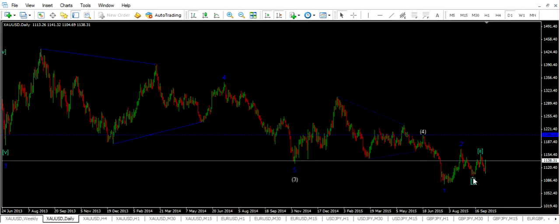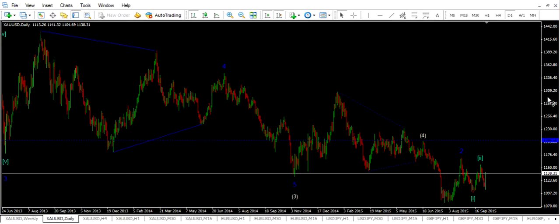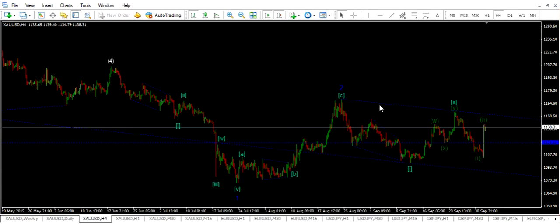Then we have here minute wave 1, wave 2. We look at them closely in the shorter time frames. When we go to the 4-hour chart, this is what we have.